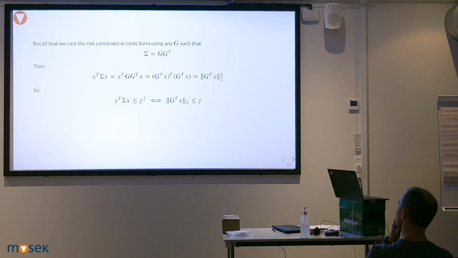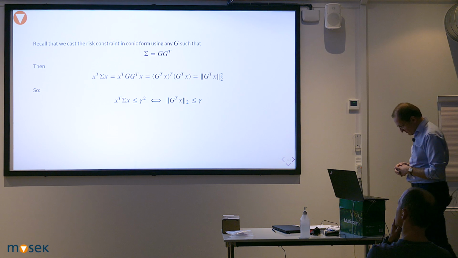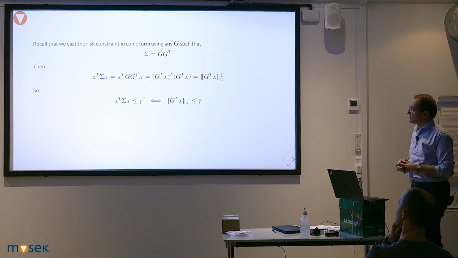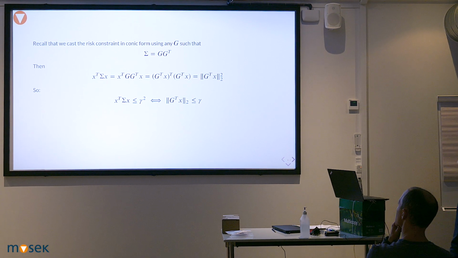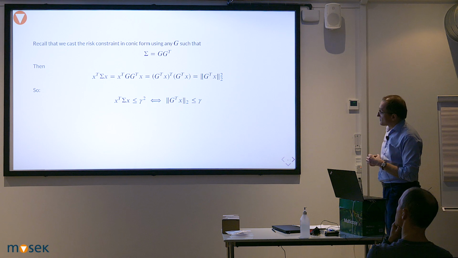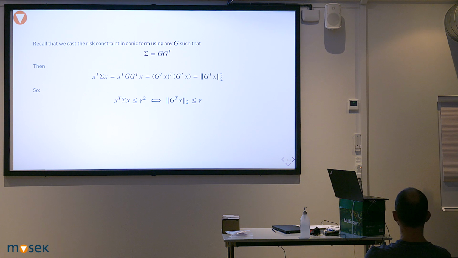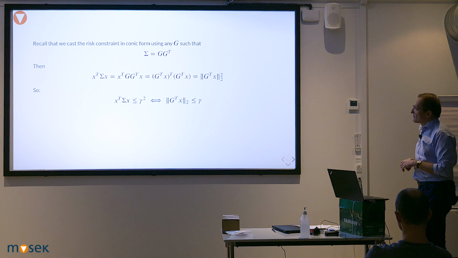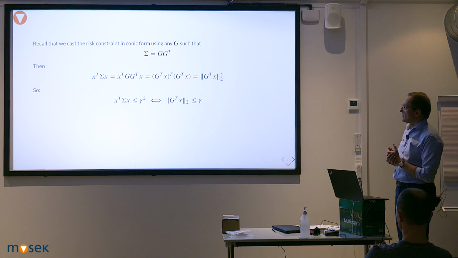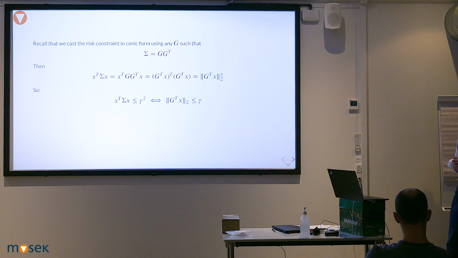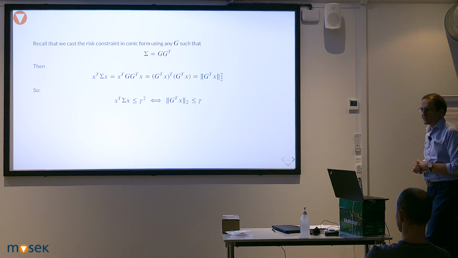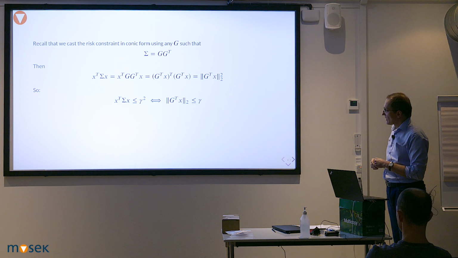So now I'm just reminding you that we need to find the factorization of the covariance matrix in this form, G times G transpose. The Cholesky factorization is fine, but any factorization is just as good, and some are much better, as we will see later. And then when you have it, a little bit of math shows how to write your risk constraint as a bound on the norm of some vector, in this case, G transpose x.